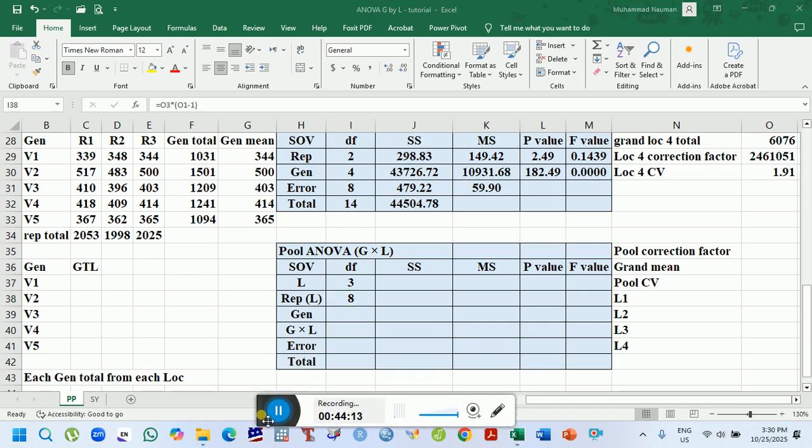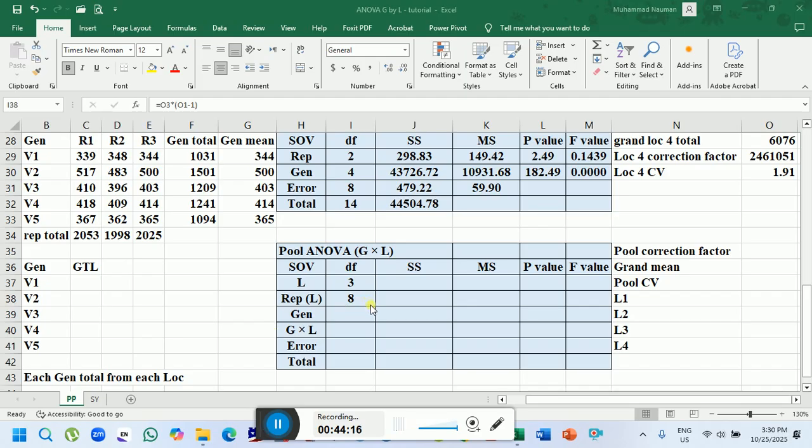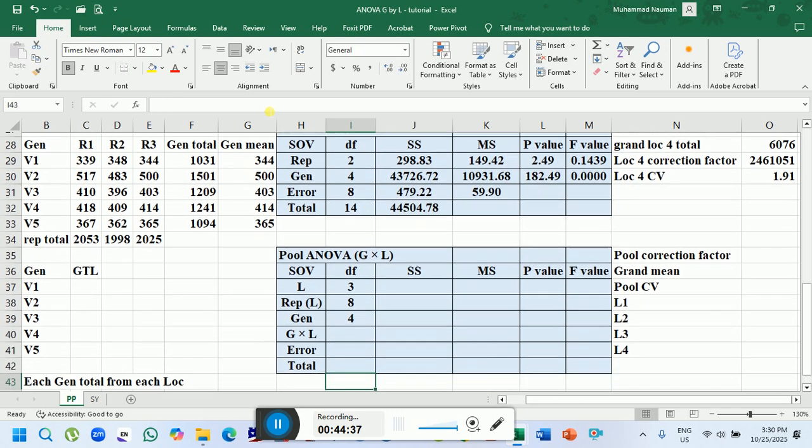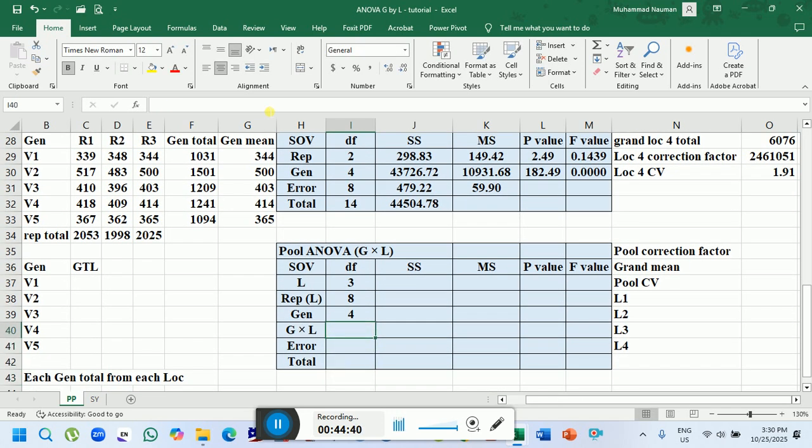Okay, now we will calculate the genotype degree of freedom, which is equal to the number of genotypes, that is 5, minus 1. For genotype by location degree of freedom, it will be number of genotype minus 1 multiplied by number of location minus 1.